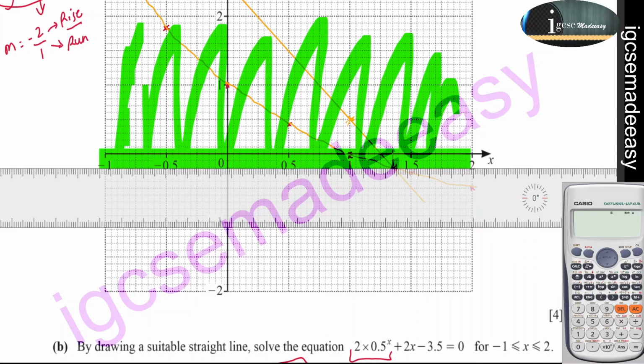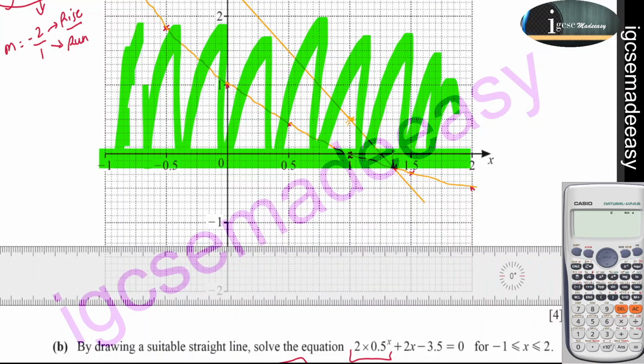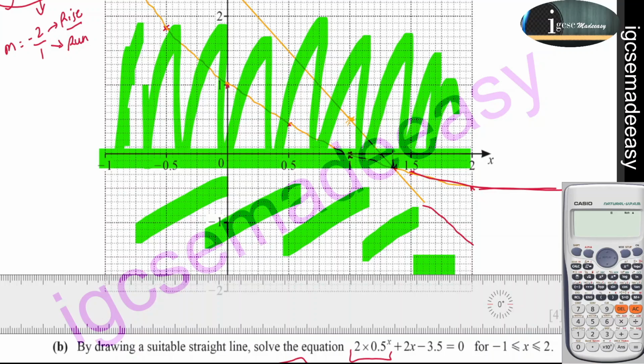The reason is we'll be having an intercept of the two graphs, the line and the curve graph. So we'll definitely be having a solution. But below this we will not have a solution, because the intercept will not be there. The curve is turning like this, so it is not going to meet, because the line is coming here.